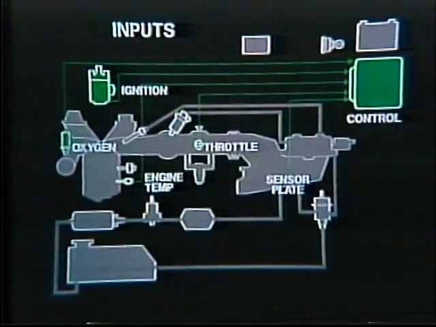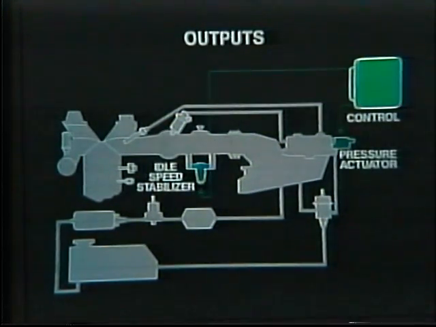These inputs go to a digital electronic control unit. Outputs control mixture and, in most cars, operate an idle speed stabilizer to govern idle RPM. First, let's see how KE Jetronic systems control mixture to suit different engine operating conditions.